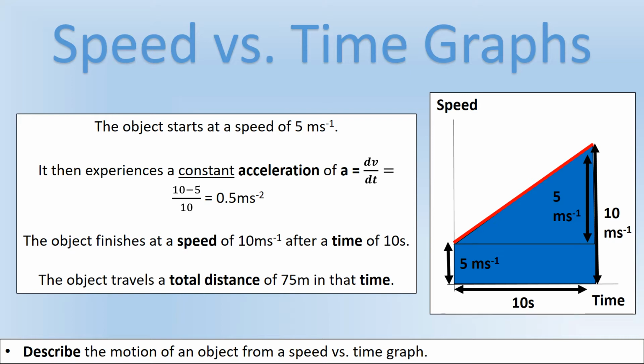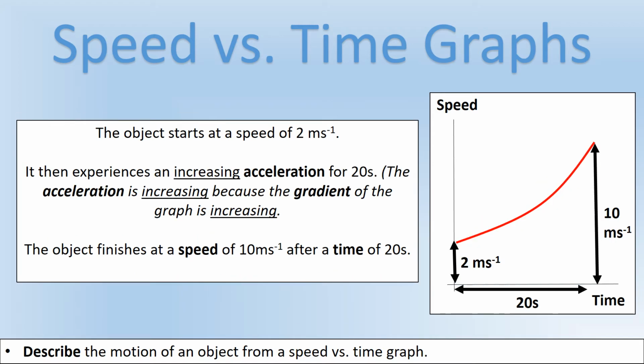The change in speed is 5, time taken is 10, so the acceleration is 0.5 meters per second squared. We can see it finishes at 10 meters per second after 10 seconds. So that's the next thing I describe about its motion. As we just calculated, we know it travels a total distance of 75 meters in that time. So we've really fully described the motion of this object over those 10 seconds.